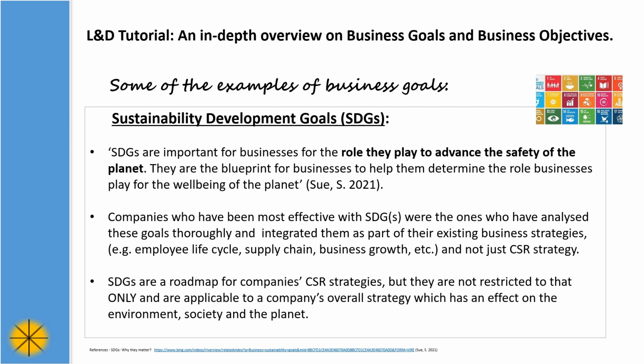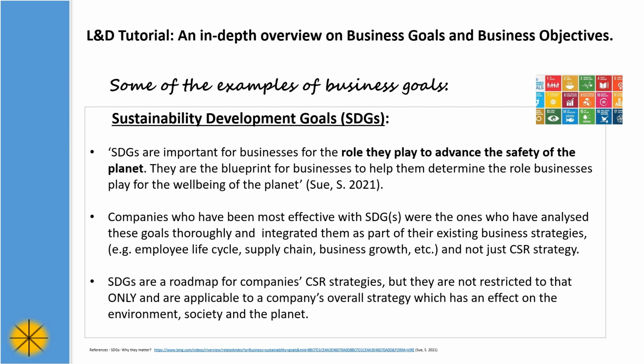SDG goals are a roadmap for corporate social responsibility strategies, but they're not restricted to only a company's corporate social responsibility goals. They are applicable to the company's overall strategic framework and which has an effect on the environment, society, and the planet.